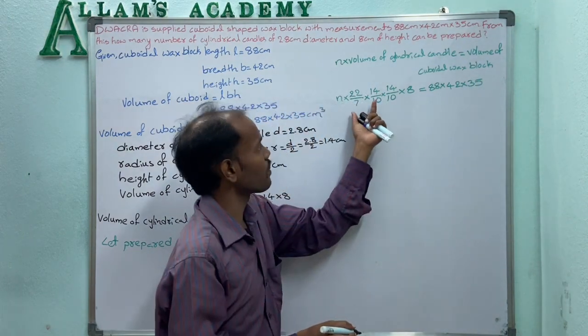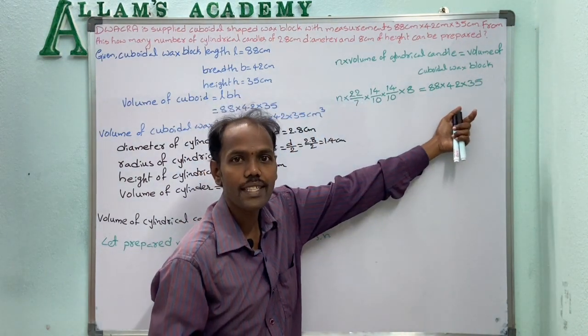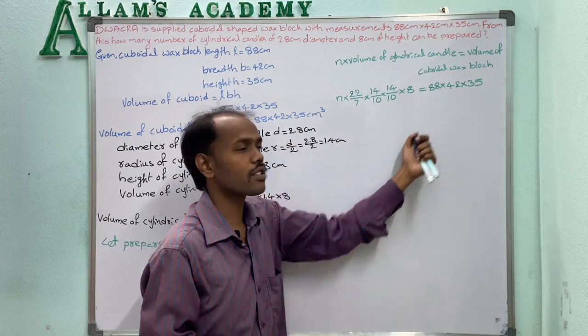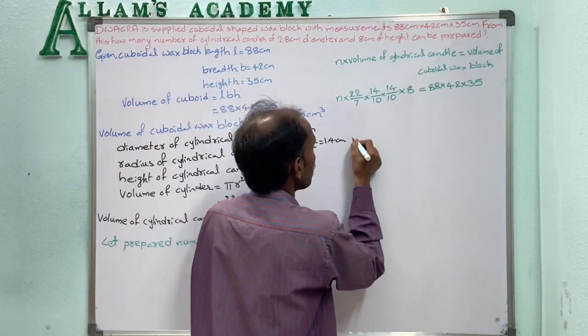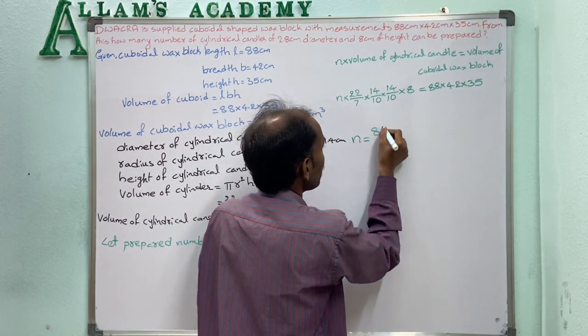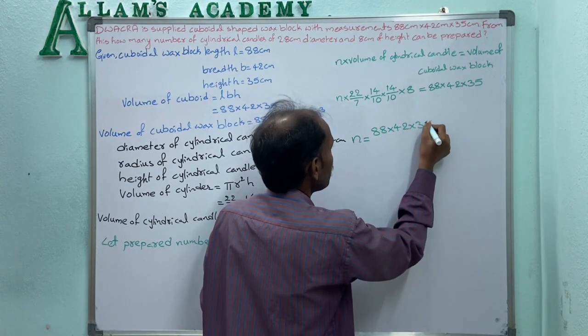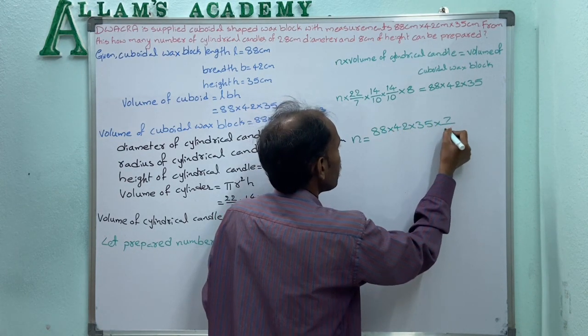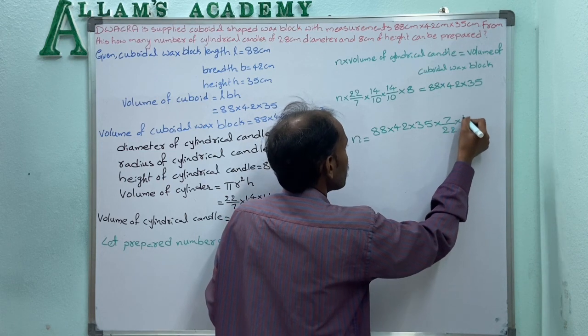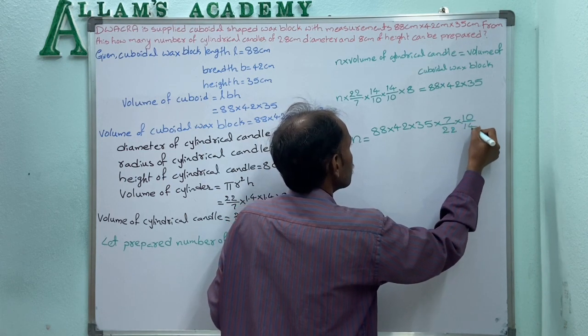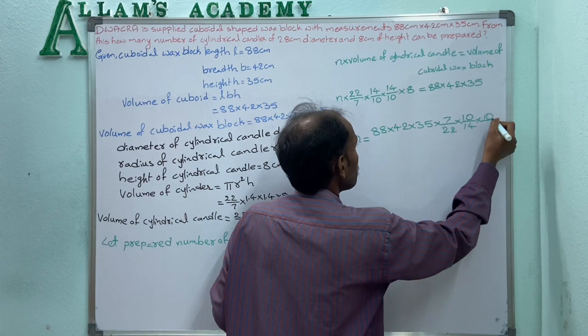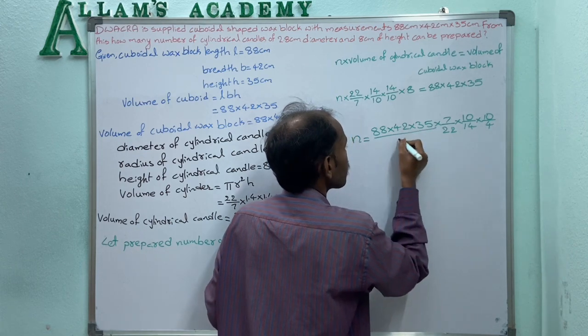Now here these values are transferring to LHS, by their reciprocals we will multiply. So n equal to 88 into 42 into 35 into 7 by 22 into 10 by 14 into 10 by 14 by 8.